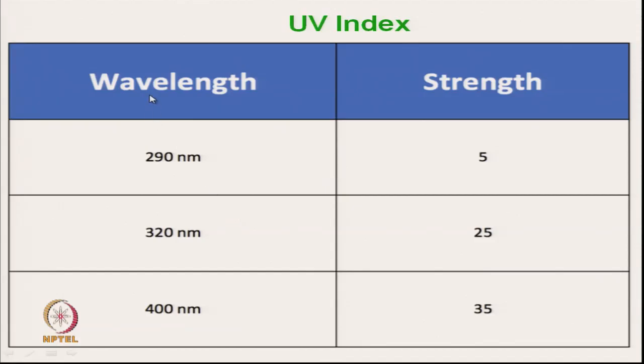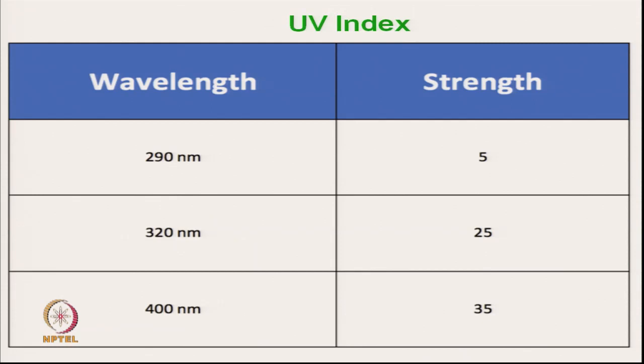So, these are the different wavelengths. This is just one typical example, we can take other wavelengths also. So, wavelengths 290 nanometer, 320 nanometer and 400 nanometer have been taken, and their strengths have been specified here. It is actually a little bit based on experience, and here the strength means the amount of UV ray coming into the earth.